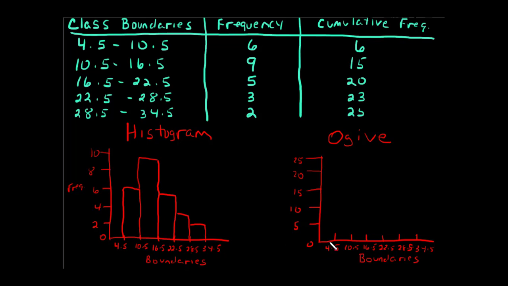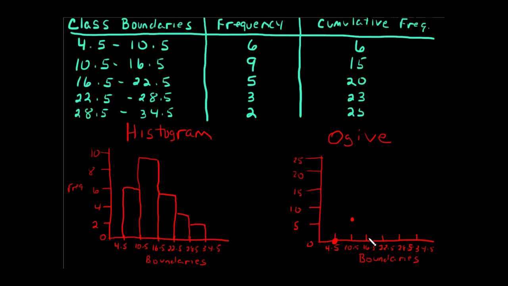So I'm going to put a dot along the horizontal axis because I have no data values that I've accumulated at 4.5. But by the time I've reached 10.5, I've accumulated 6 observations because 6 of my data values have gone into the first class. So over 10.5, I want to put a dot at a height of 6.